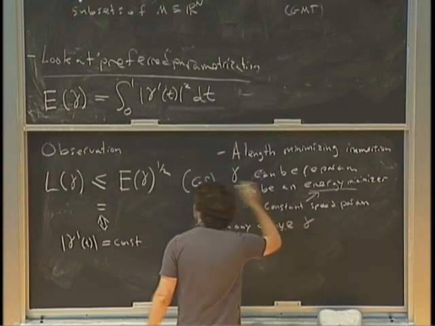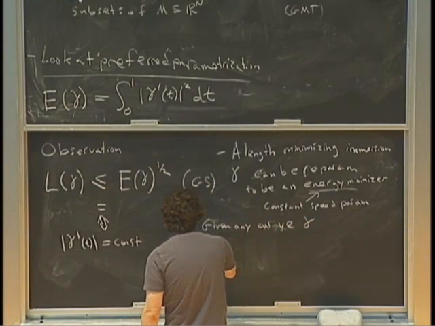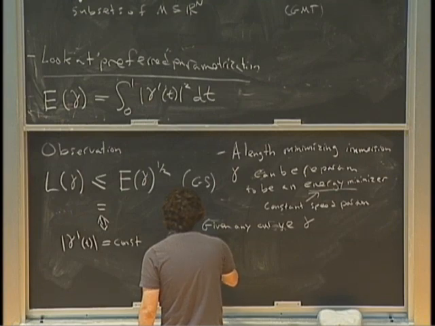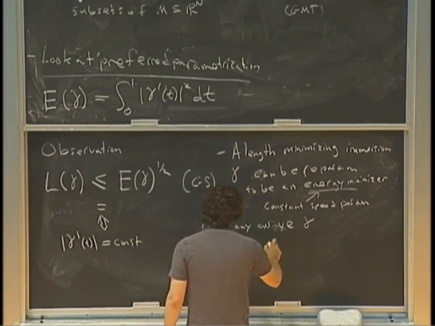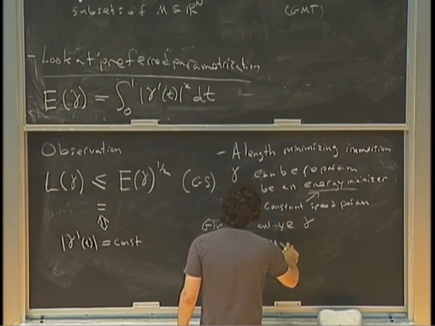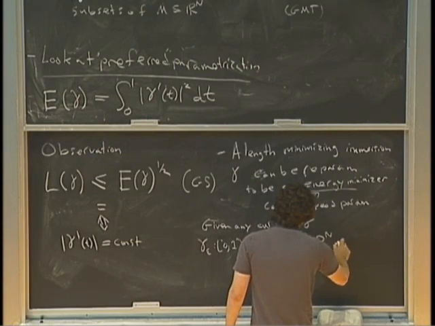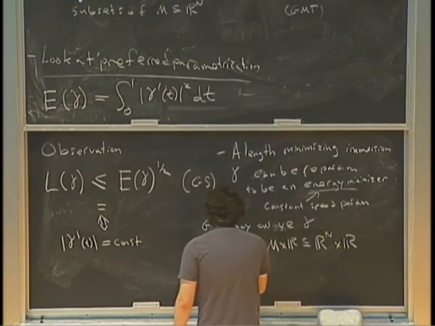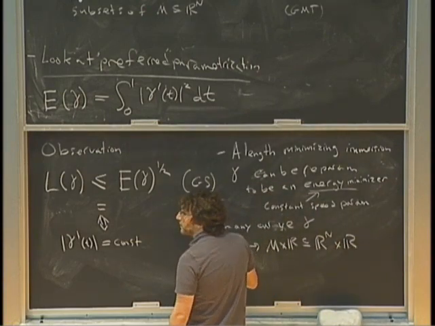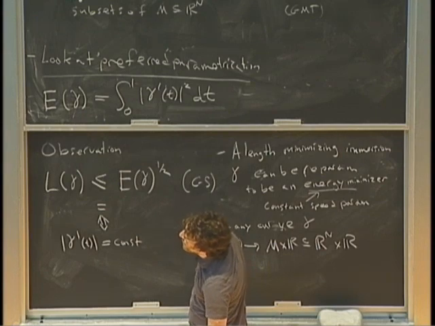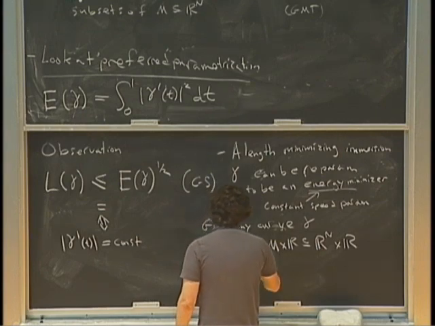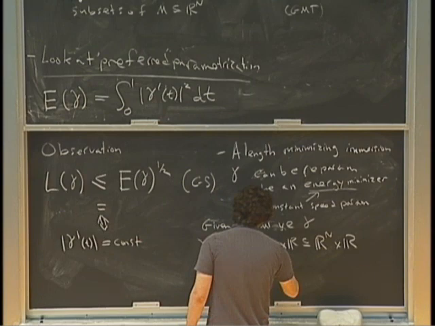gamma, given our setup, we can define a new curve, gamma sub epsilon, which takes 0, 1 to M cross R, thought of as a subset of R^n cross R. And what we're going to do is send t to gamma of t, epsilon t.